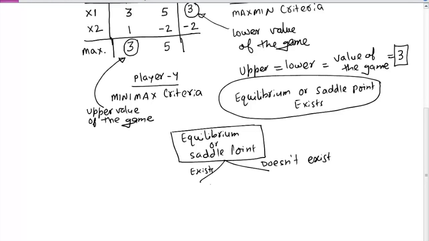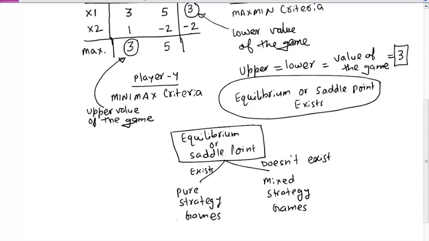Whenever an equilibrium or saddle point in a game exists, we say that we have pure strategy games, and when it does not exist, we say that we have mixed strategy games. Pure strategy obviously means that both players will always use one particular strategy to maximize or optimize their situation. And mixed means they may not use the same strategy all the time. They may change strategies.